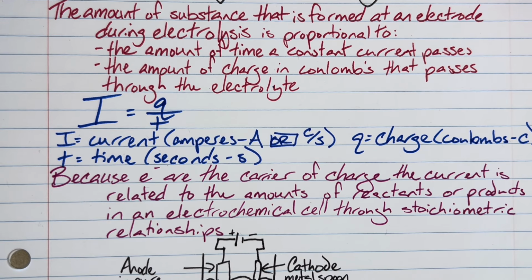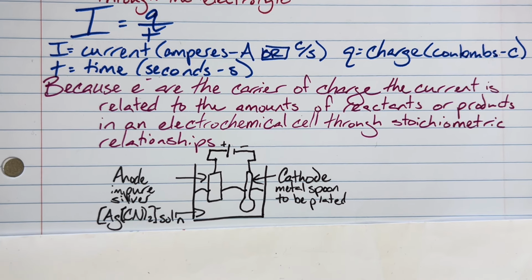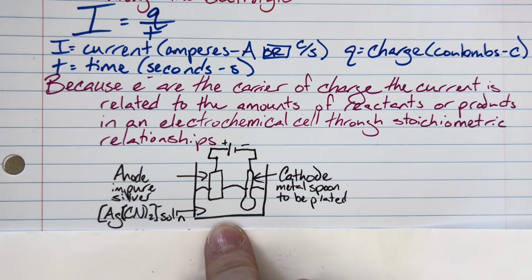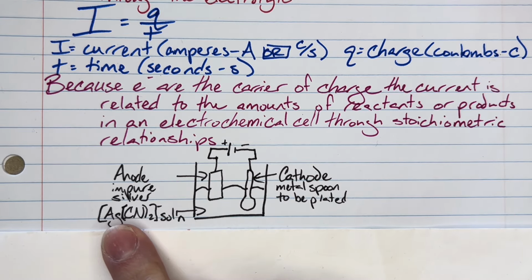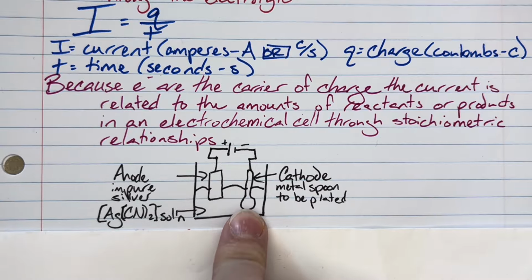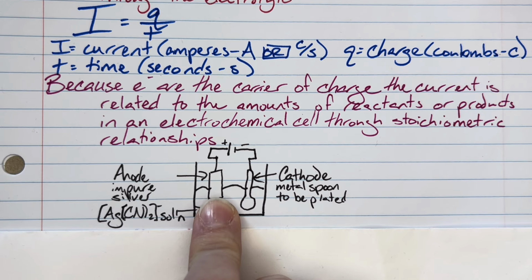And here we have an example of what an electrolysis cell could potentially look like. We will have some sort of solution that has the desired metal that is going to be electroplated onto a substance, and then an anode of that desired metal as well.